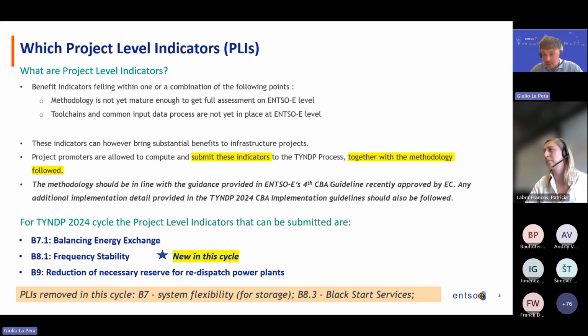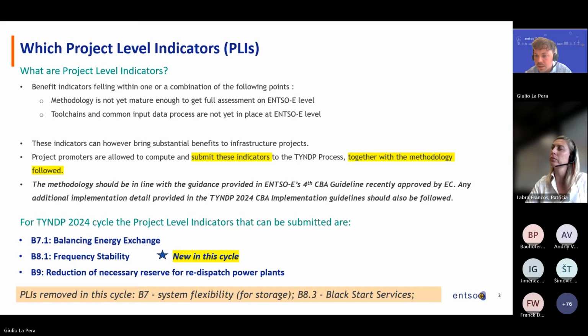Now the next question would come from Deepak. Would a previously submitted and approved TYNDP application need to be resubmitted during the next round with the new project level indicators for offshore projects? If I understand correctly, the projects that were already submitted are submitted, and now you have these edit rights on the platform, so you don't have to resubmit them in this window.